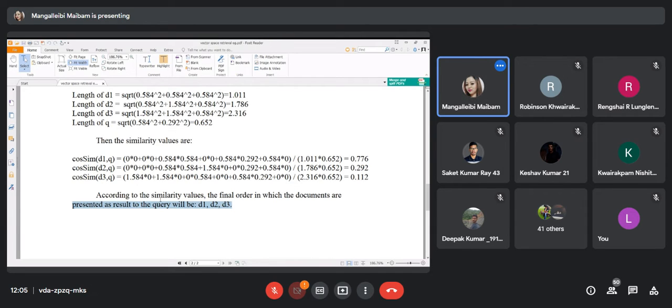In that way also we can find the similarity values between the documents. But normally we find the similarity between documents and the query so that we can know which document has the maximum similarity, or the highest similarity, with the given query.